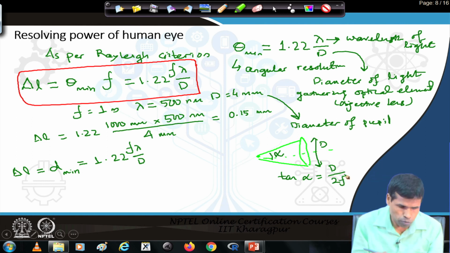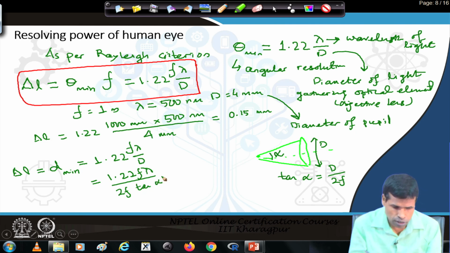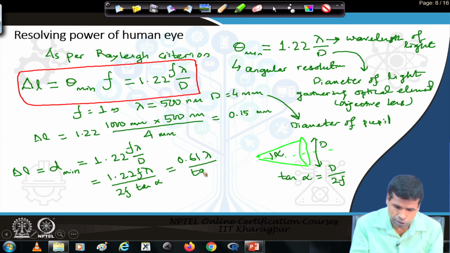Now I can put that here, which is equal to 1.22 f lambda divided by 2 f tan alpha, which is nothing but 0.61 lambda divided by tan alpha.